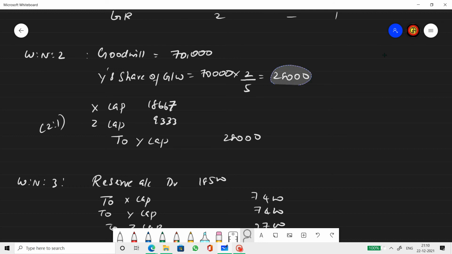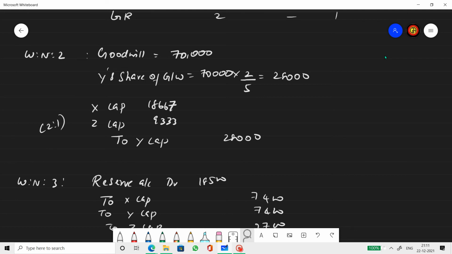Now who is going to pay this to Y? Obviously the gaining partners. Here both the remaining partners gain. So X's capital account and Z's capital account to Y's capital account, distributing 28,000 in the gaining ratio. Please note it down, goodwill is always distributed in the gaining or sacrificing ratio.